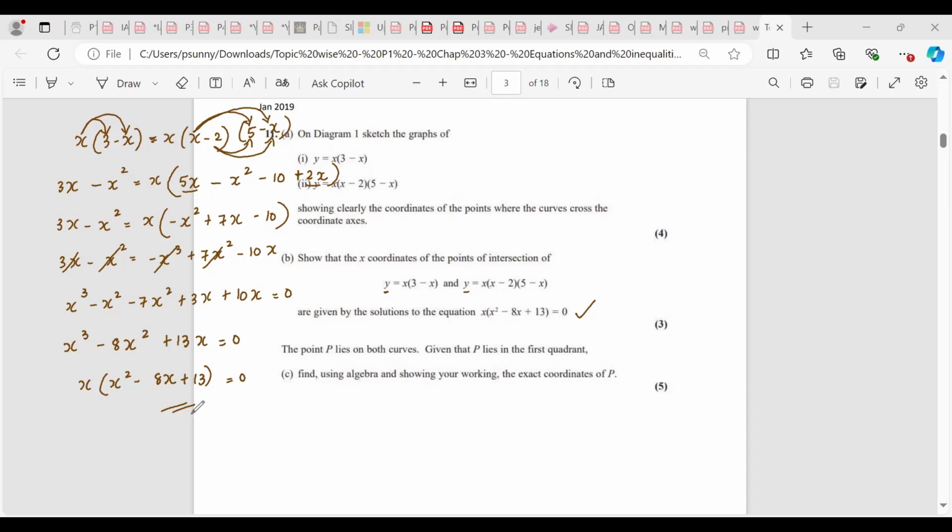So for that, we need to first get the x coordinates. So I have x into x square minus 8x plus 13 is equal to 0. When I look into this x square minus 8x plus 13, I cannot do the factorization method here.